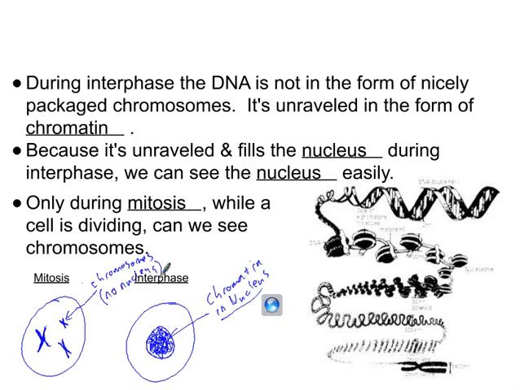Remember, these are the two main cycles of a cell's life. Chromatin is unraveled because, well, we're going to talk about that in a second.